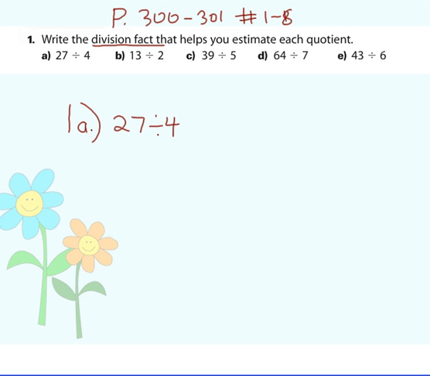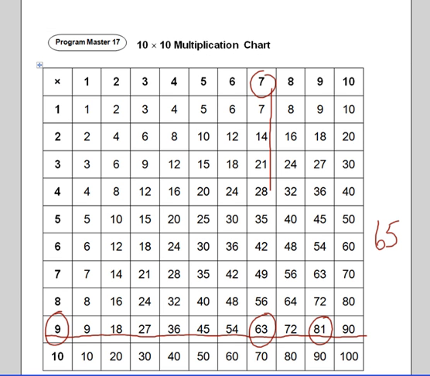Now I would have your handy dandy multiplication chart out here so that it can help you. So here's mine, and I'm going to erase the numbers so that it's clean. So we're trying to figure out what 27 divided by 4 is.